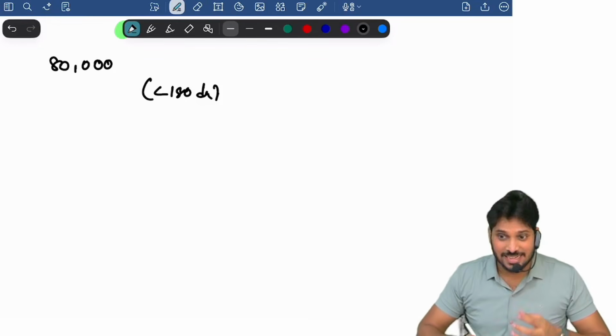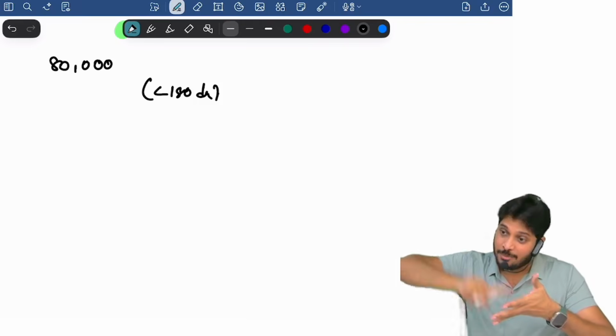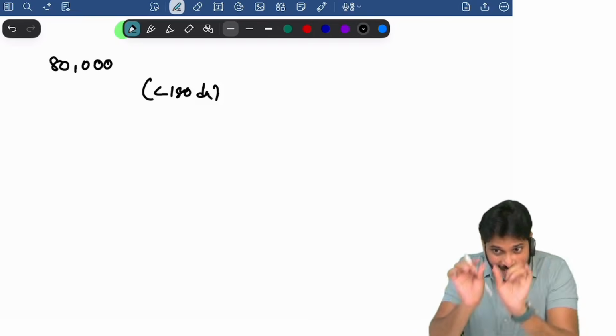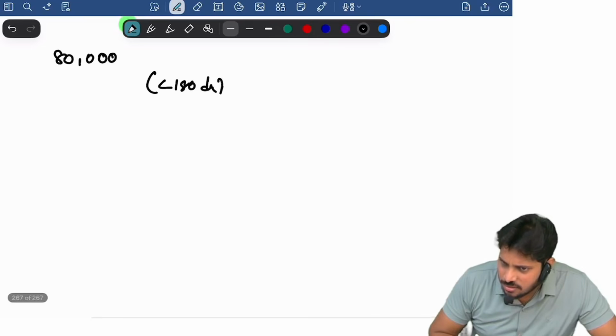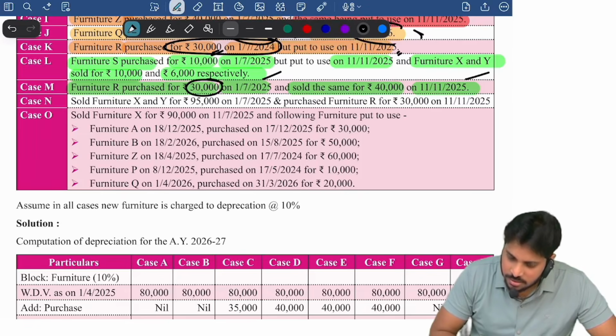See, generally, if the same machine is not sold, then we compute up to 31st March and say more than 180. But here the same machine is sold. Therefore, that machine is used for less than 180 days during the year. What is the value? 30,000.